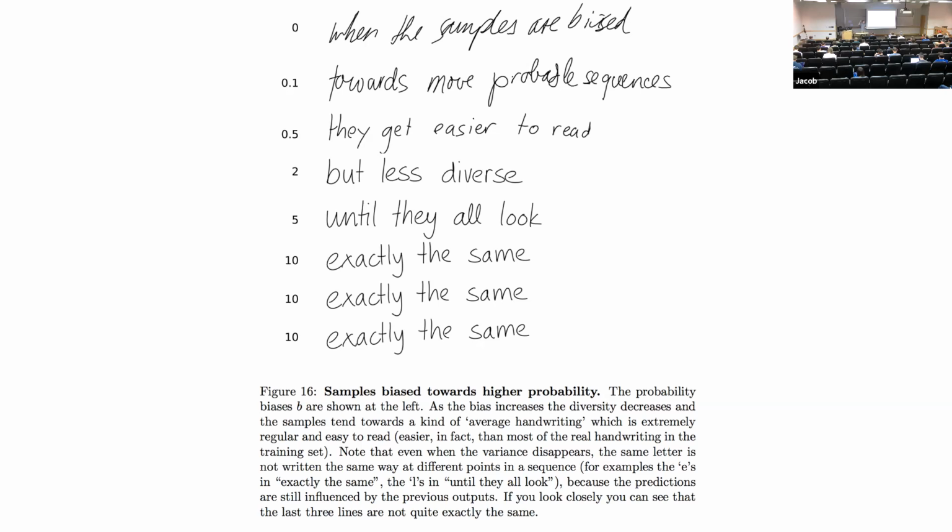High temperature corresponds to high randomness, and low temperature corresponds to low randomness. Which of these handwriting samples do you think was generated with a high temperature and which with a low temperature? Yeah, Josh? That's right. The high temperature, more scrawly handwriting is at the top, and the low temperature is at the bottom.